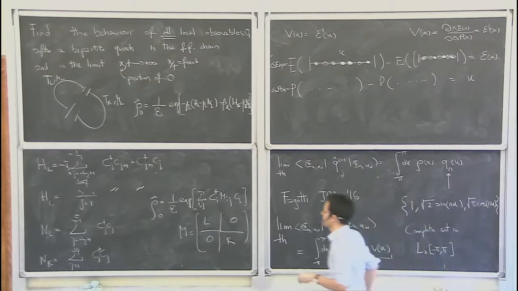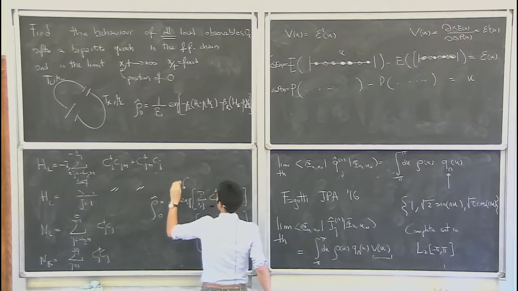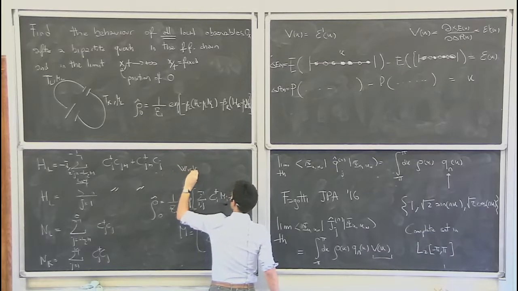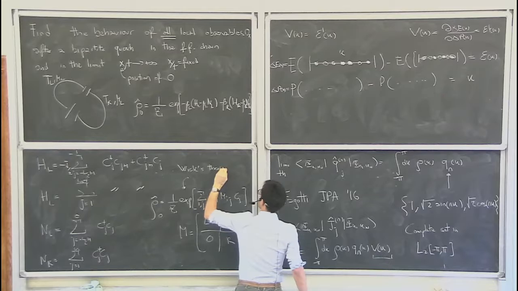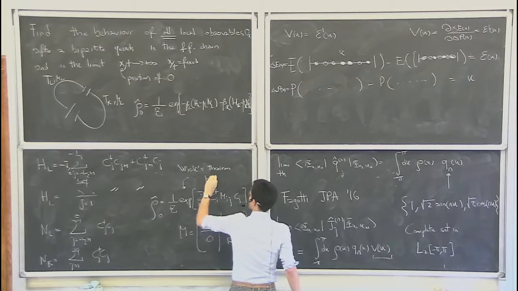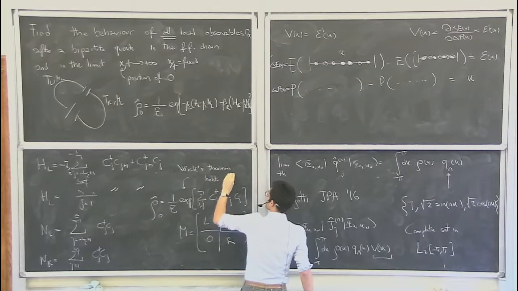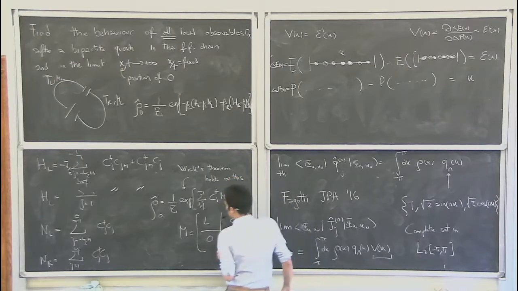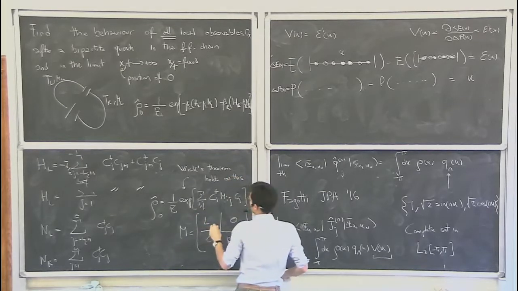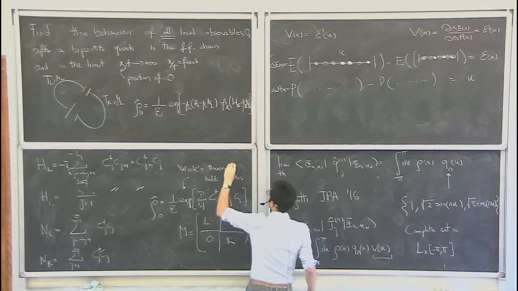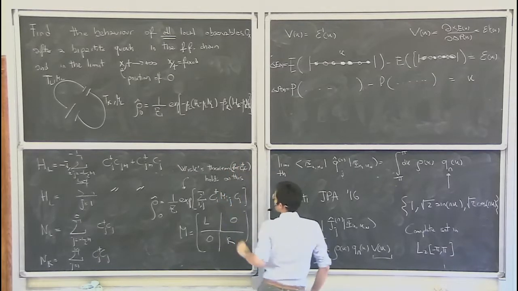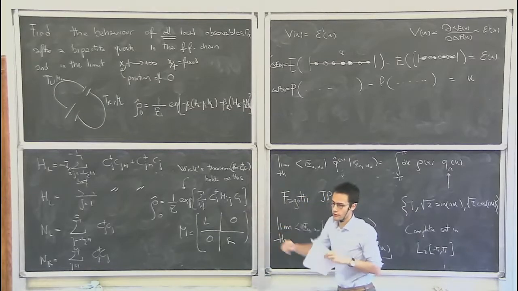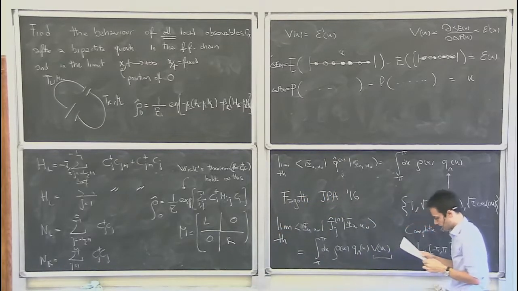But so I note that Wick's theorem holds on this. I mean, Wick's theorem for C dagger C, for these fermions. Okay? Good.